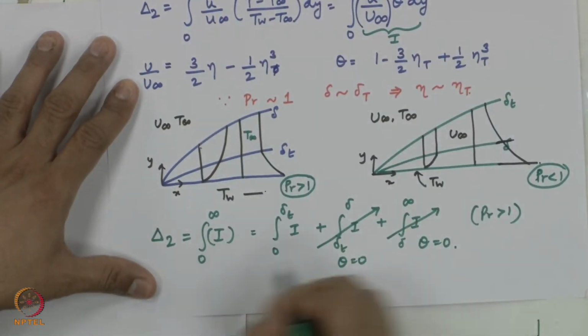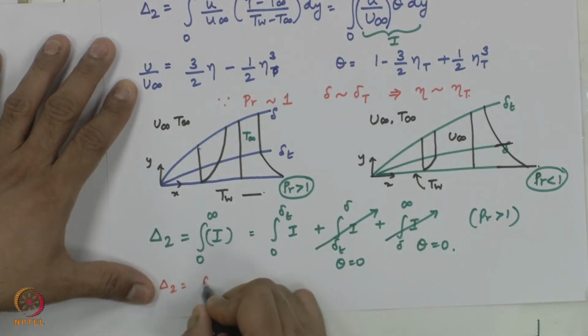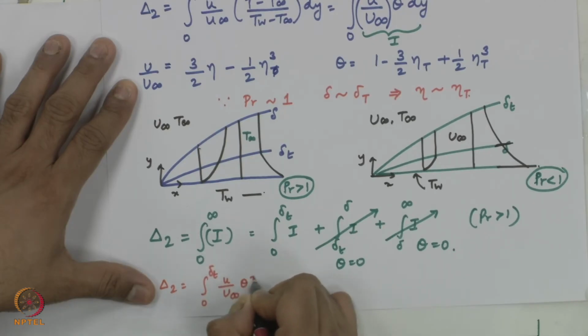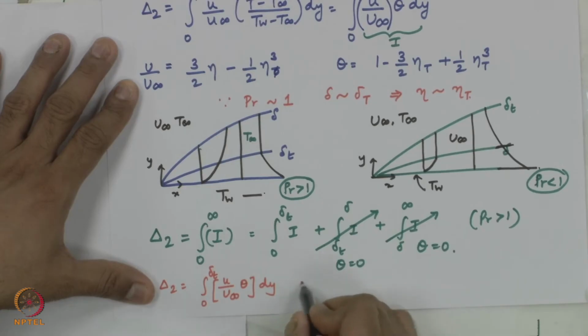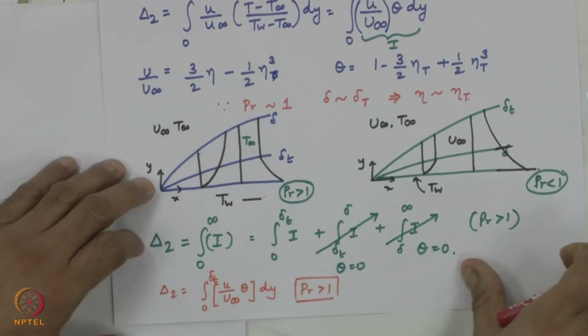So, for Prandtl number greater than 1, delta 2 is sufficient to evaluate between 0 to delta t.